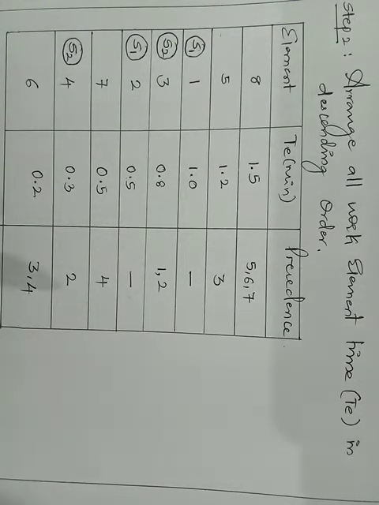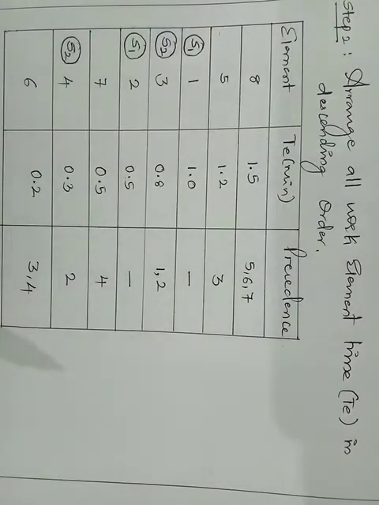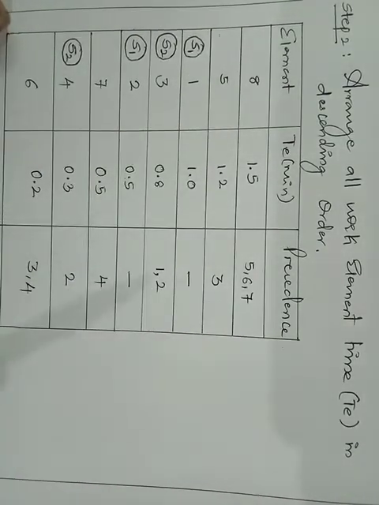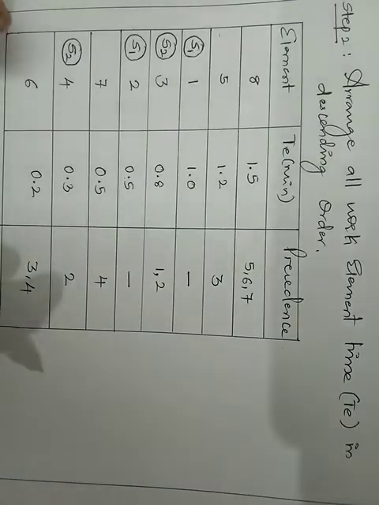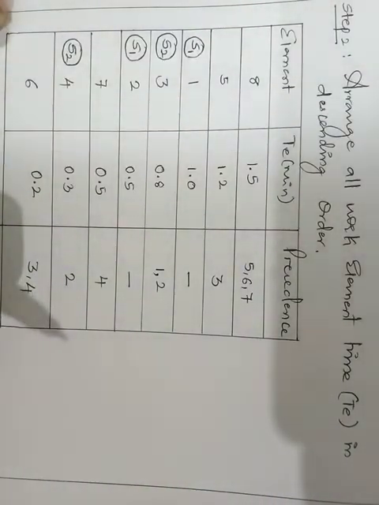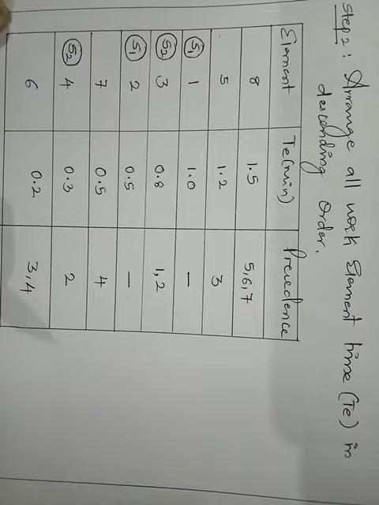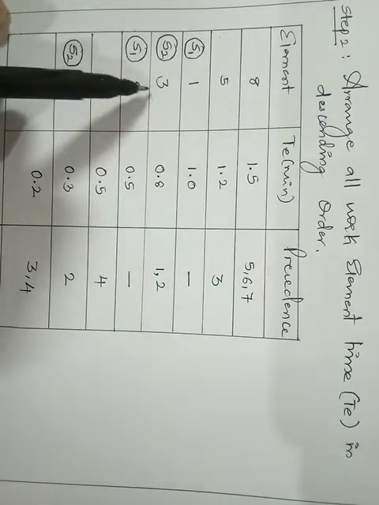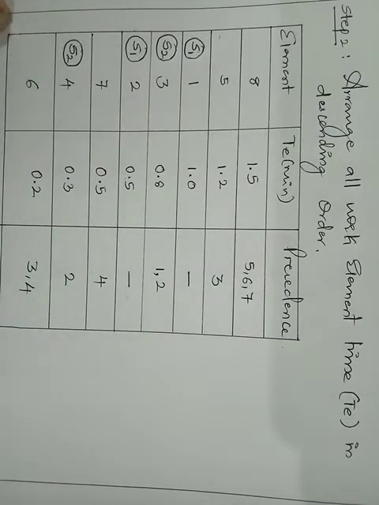Now you check out any other element which is having 1 and 2 as precedence. No. Just check out which is having 3 and 4 as precedence, because 3 and 4 you have already allotted.